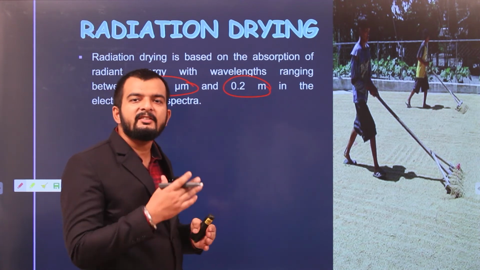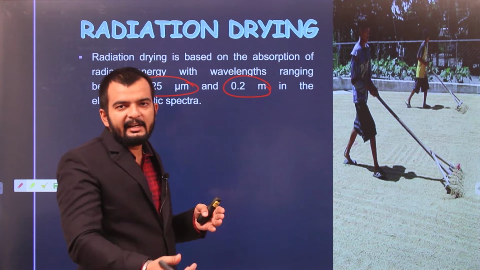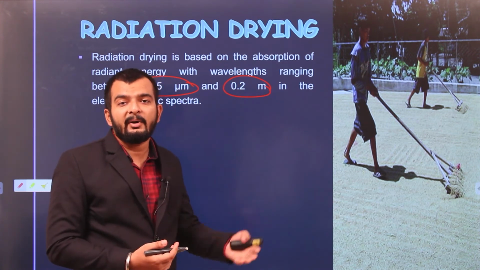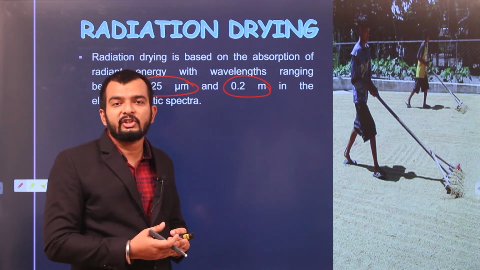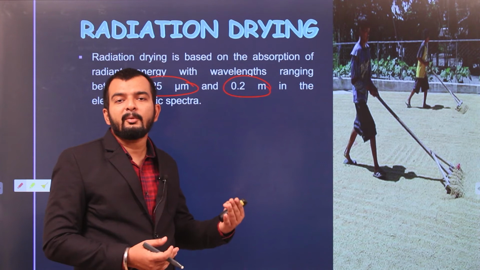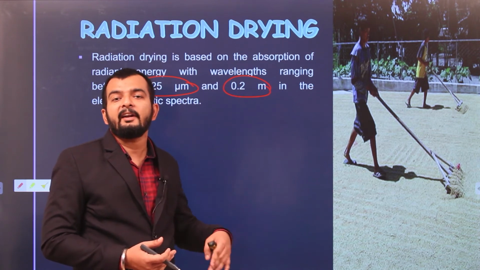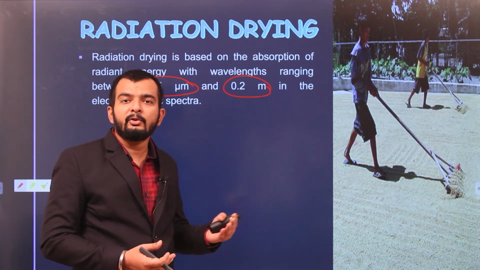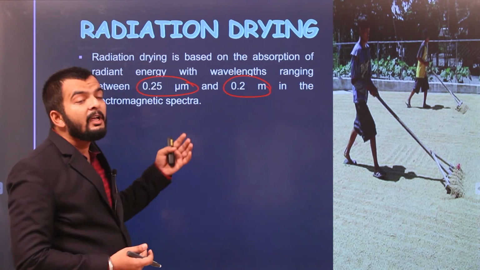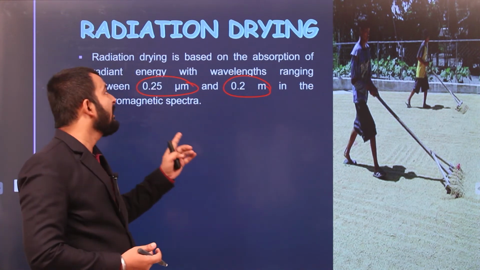As this light strikes the surface, it will heat up the surface, or as it passes through the surface, due to a particular property of polarization, it will polarize the water molecules in the grains, which will oscillate at a higher frequency, and due to frictional forces, heating will happen or the temperature will rise. We will read about all this in detail.